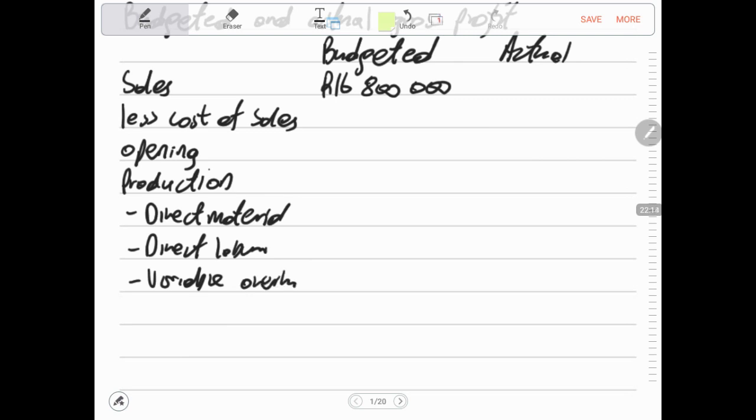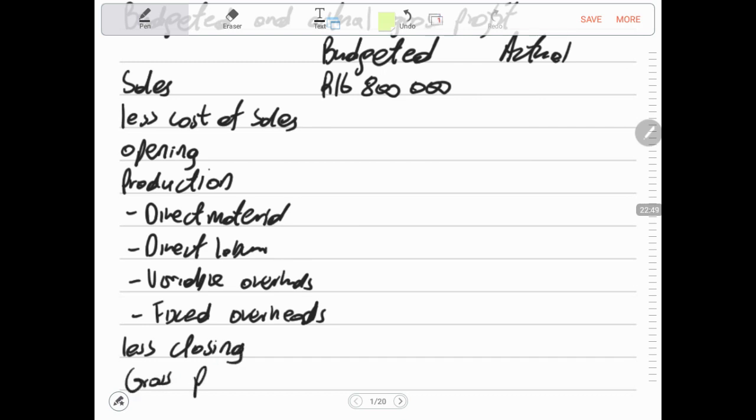I hope I'll have space here. Variable overheads, it is fixed overheads, then less closing, then this will give us gross profit. Luckily I had space. This is the last line.